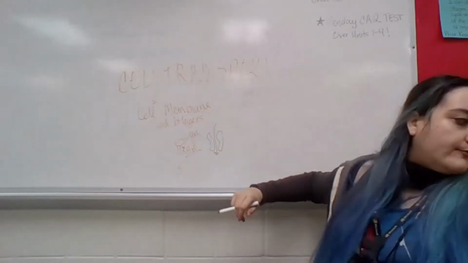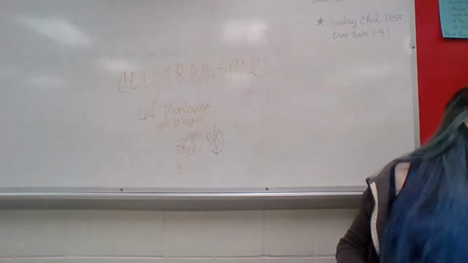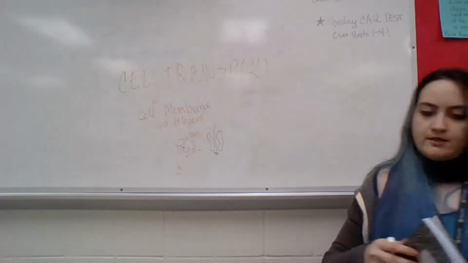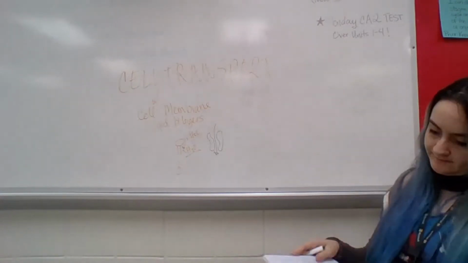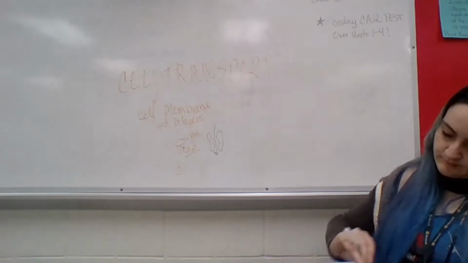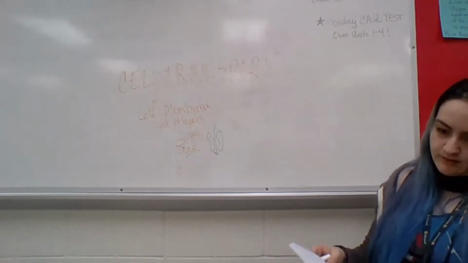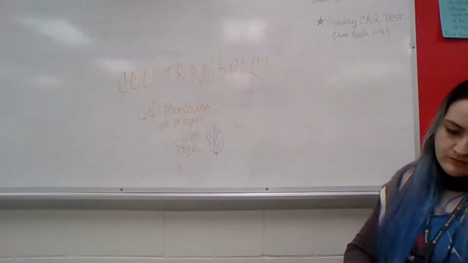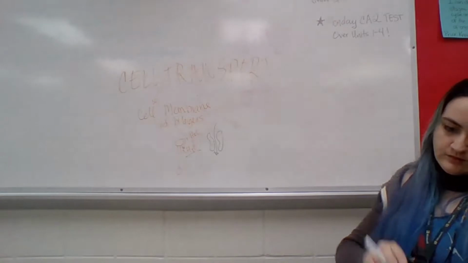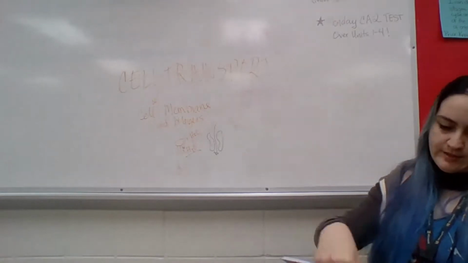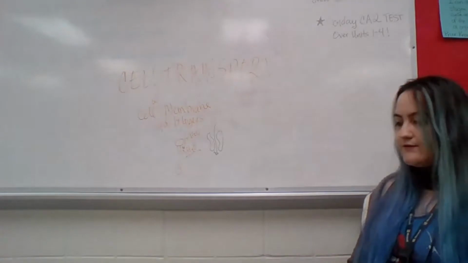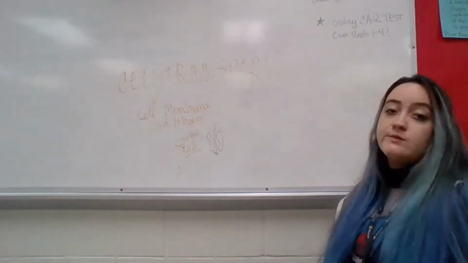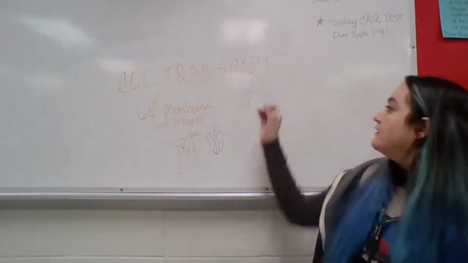So we have first, which one did we talk about first? Trying to go by the notebook to make sure we're on the same page. So we talked about the passive transport first, which means it does not require any energy.